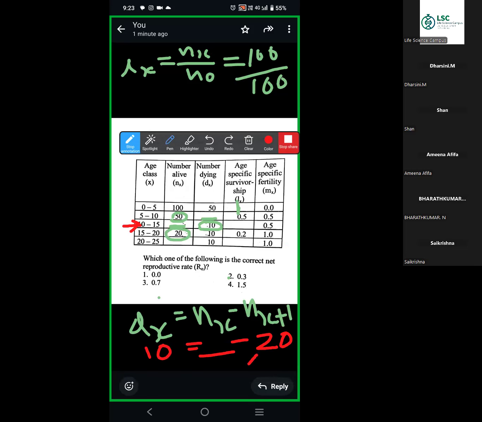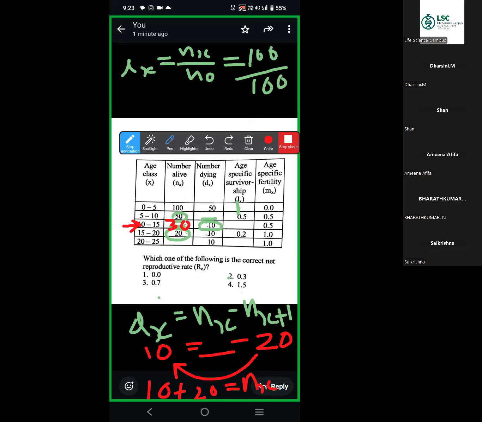Just move this 20 to the left side. So 10 plus 20 is equal to nx. 10 plus 20 is 30. So here the value will be 30. Is it clear?